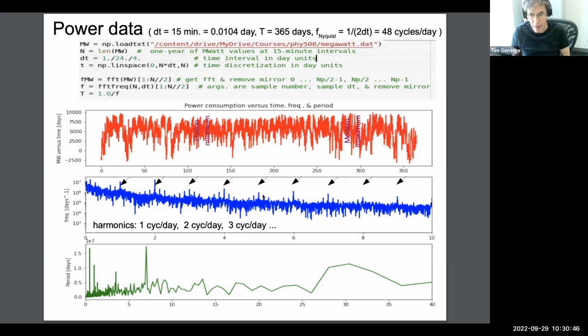But by decomposing it or transforming it to the frequency domain, you see this wealth of features from the fundamental frequencies, cycles per day, cycles per week, to the harmonics of those frequencies, to the sidebands involving the interference between the daily and the weekly cycles, to other things that maybe we don't fully understand. The monthly cycle, for example, I don't fully understand that.